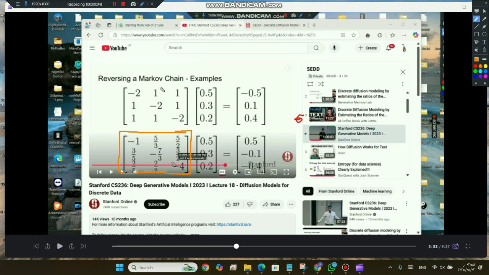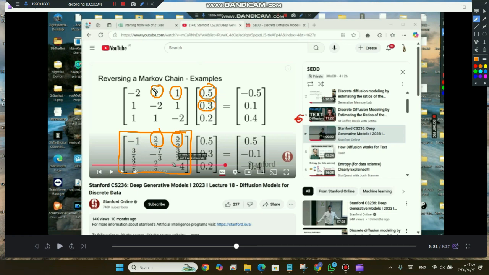What should we multiply each element in this matrix by in order to get this matrix? Once you do the math, it turns out that you should multiply this element by 5/3, which is this over this, the ratio between those two.